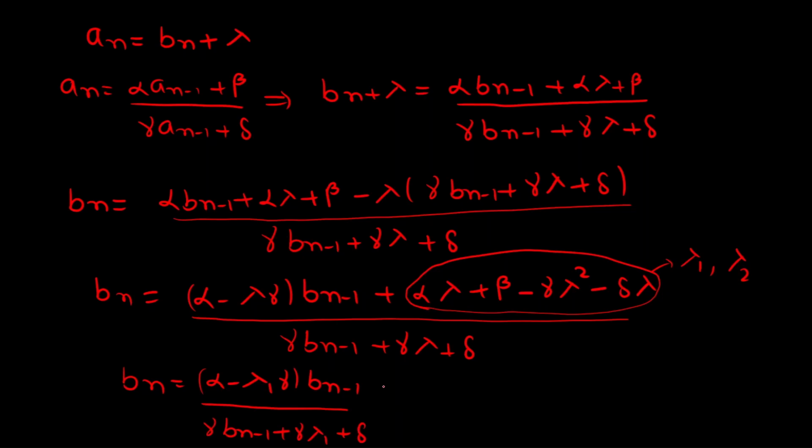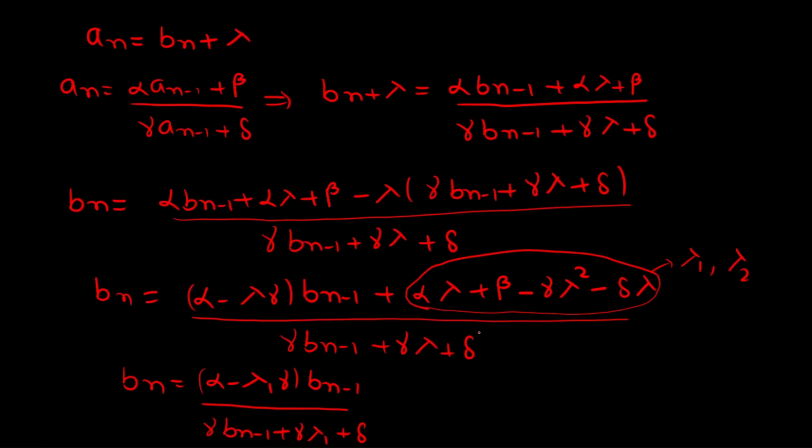Now this is of the previous form. I can take the reciprocal, divide the terms, and then substitute 1 by b_n as some new sequence, and then we can solve it. So this is how we deal with the method of substitution.